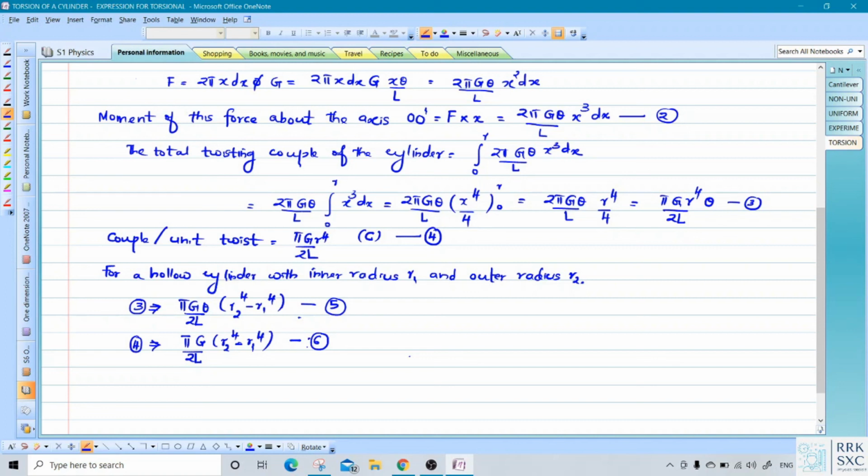Then we discussed the case of a hollow cylinder where the only difference is r raised to 4 is replaced with r2 raised to 4 minus r1 raised to 4, where r2 is the outer radius of the cylinder and r1 is the inner radius.